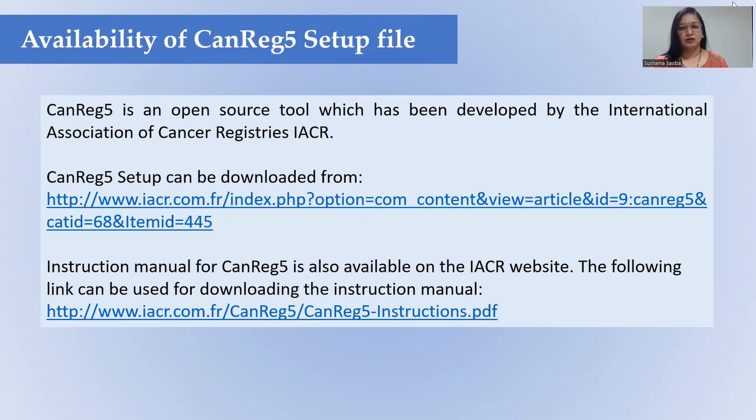As mentioned earlier, IACR has developed this open source tool, which is CanReg5, and it can be downloaded directly from the IACR website. There's also an instruction manual available on the same website.